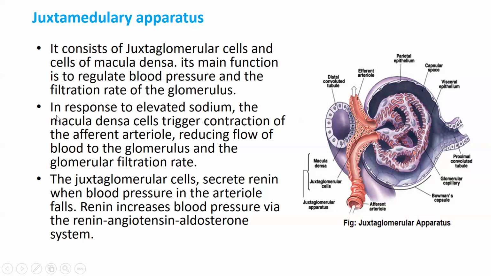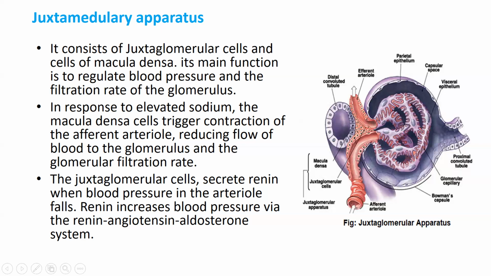So what happens? Suppose there is a high sodium level. Then the macula densa cells trigger contraction of the afferent arteriole. So once the afferent arteriole is constricted, there will be reduced flow of blood to the glomerulus, and the glomerular filtration rate is going to decrease further.